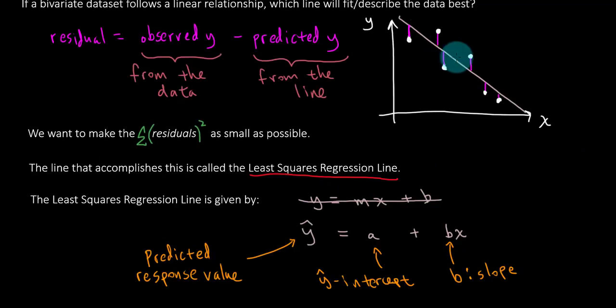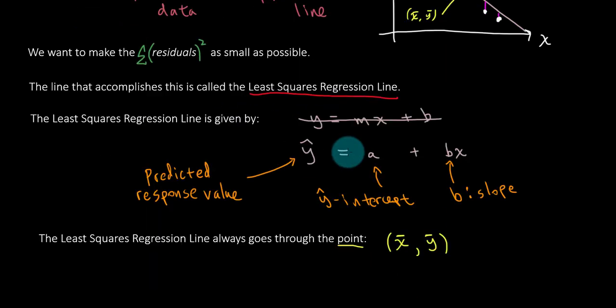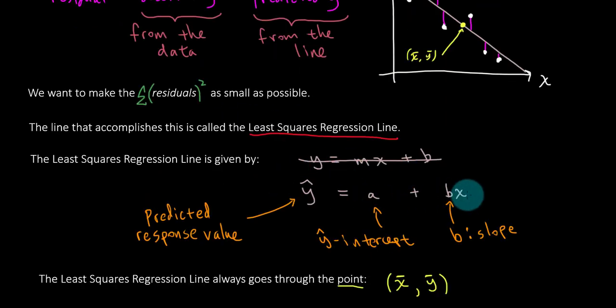So in our little example up here, I'm not sure where that exactly would be, but maybe right around here. So that wouldn't necessarily be a piece of data, but that would be that coordinate, x bar comma y bar. Kind of neat.